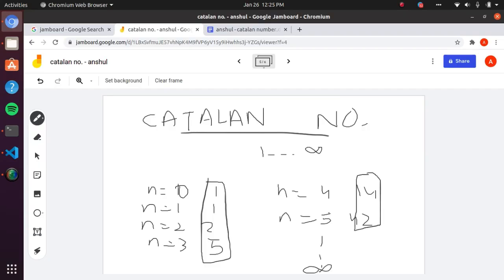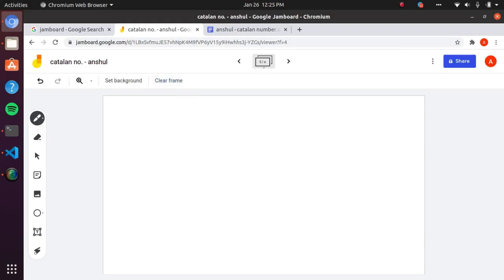You probably wonder what the relation is in this sequence. We are going to see this also. But first let's discuss a problem which has Catalan numbers as its solution.